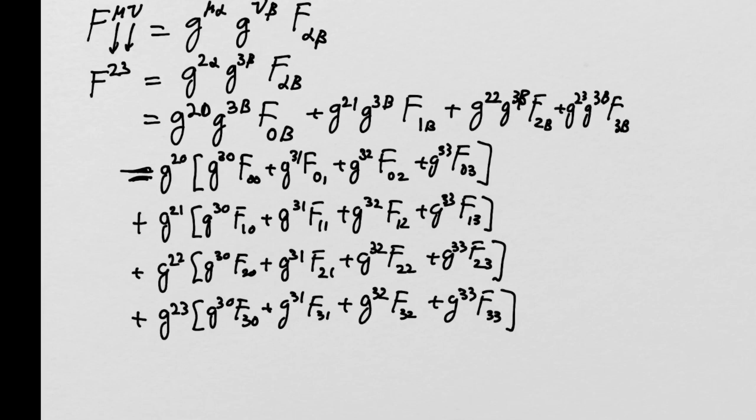Now, the fact that we know that we're dealing with an antisymmetric tensor means a couple things. First of all, it means these guys are 0, right? Because the diagonal elements of the f are all 0, meaning f_{αα} equals 0. So those guys go away. And then we also know that f01 is equal to the opposite of f10. So we could make that substitution.